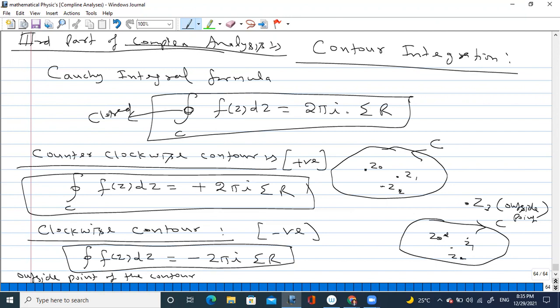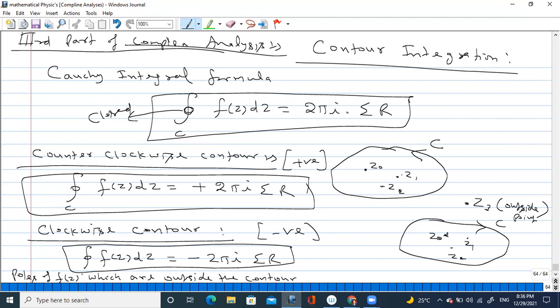Or, because these points are the poles, in terms of poles we can write: poles of f(z) which are outside the contour.